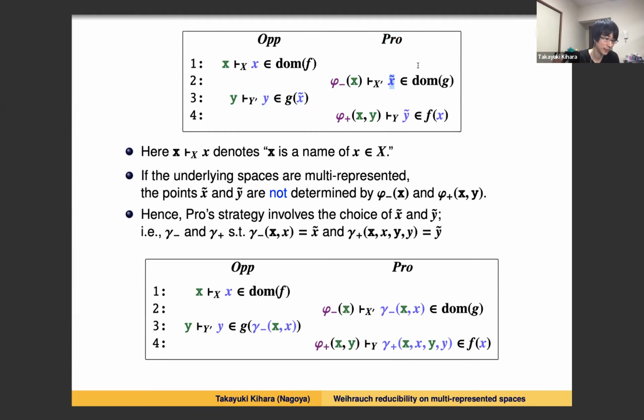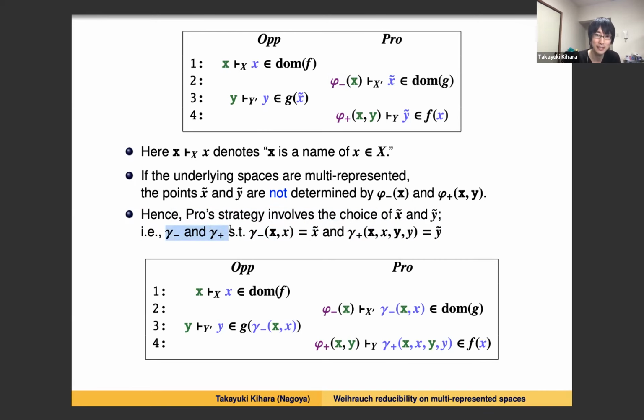So when the proponent specifies the name phi minus x, the point x tilde is also explicitly chosen by the proponent, and the same is true for y tilde. In other words, in the case of a multi-represented space, the proponent will provide not only a function phi, but also a function gamma to select a point at the same time.